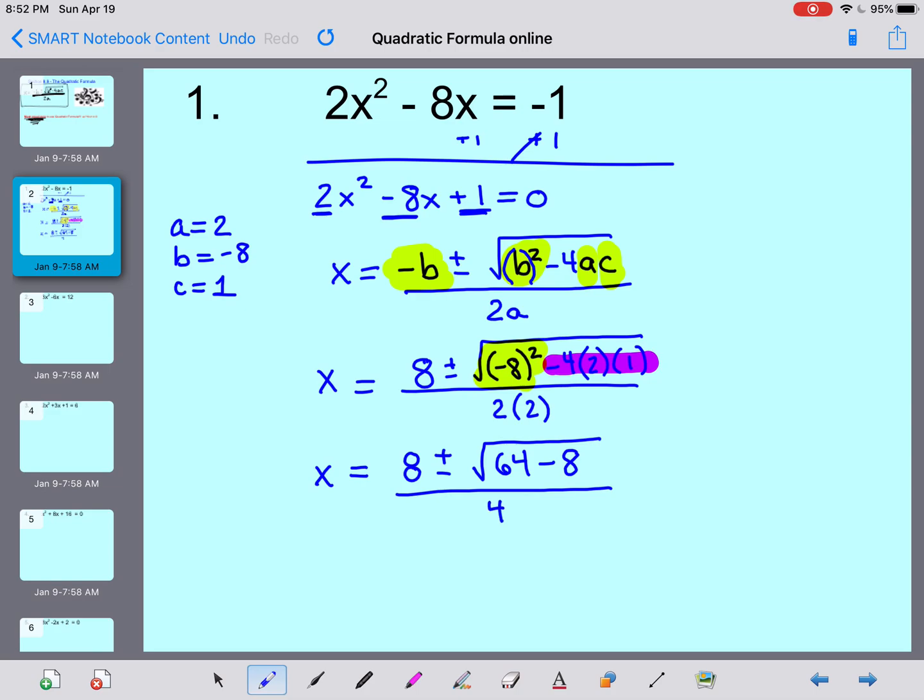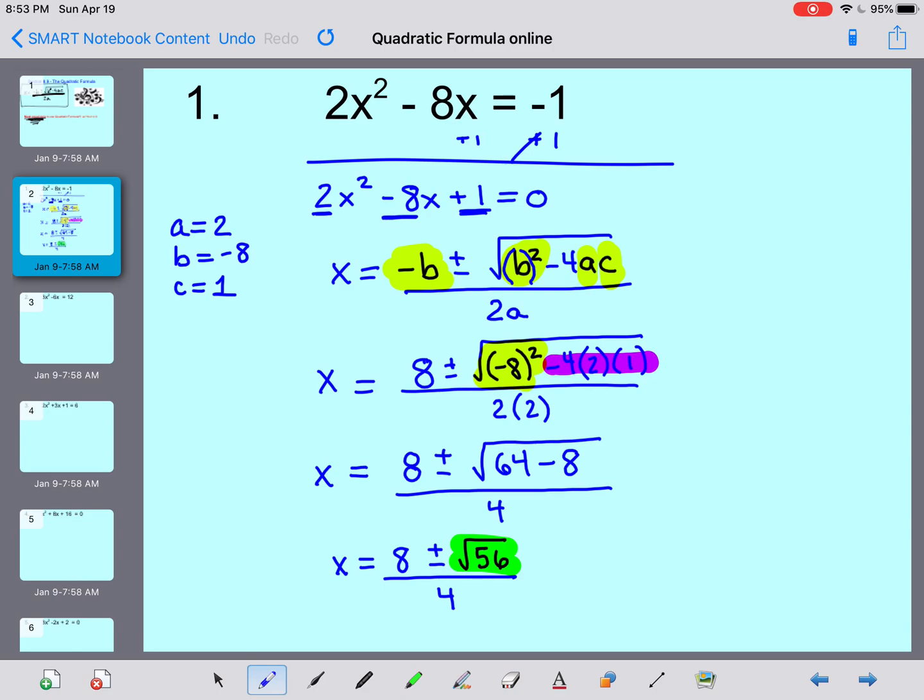Okay, so now I'm going to simplify that radical. 64 minus 8 is 56. So 8 plus or minus the square root of 56, all divided by 4. Okay, then we need to simplify this radical. The square root of 56 is not a perfect square, so we need to break it down.